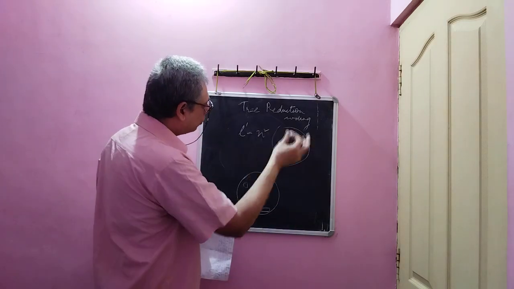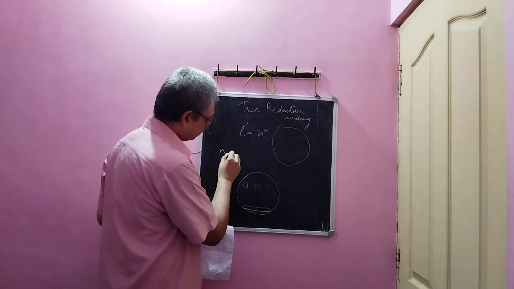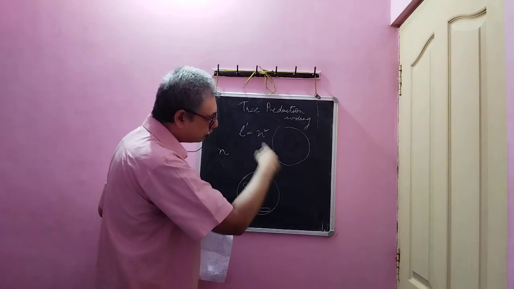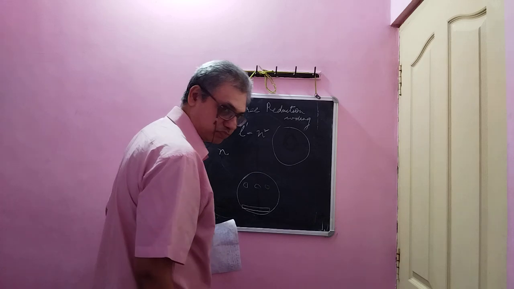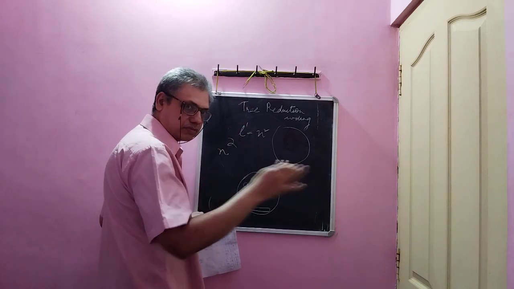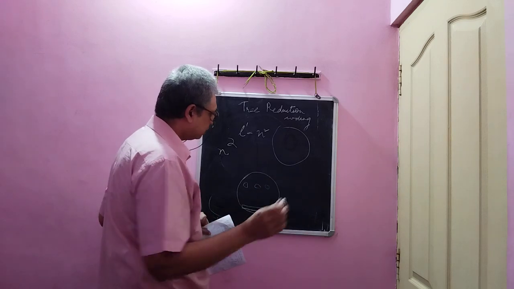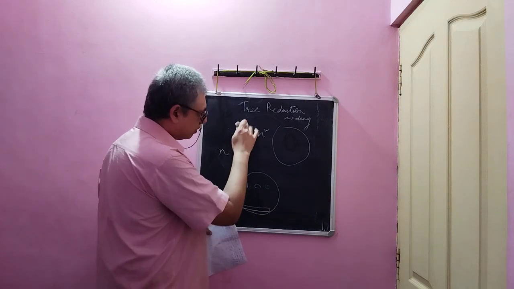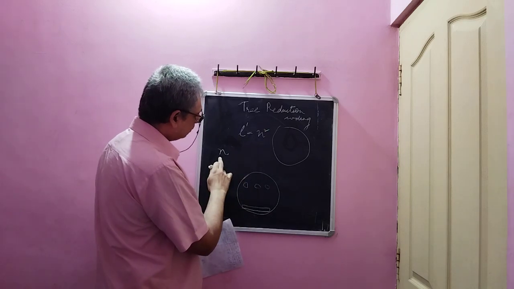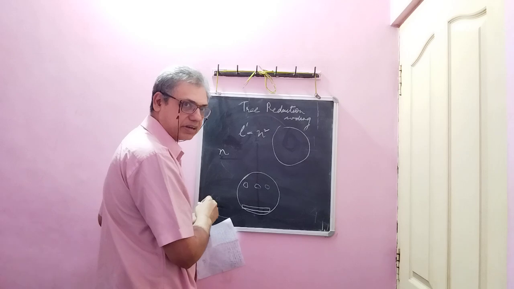So the initial code for A will be n. Now since each of these has n nodes, totally n square, 2 power n square nodes, that is L dash, 2 power n square different values, but for the tree of height L dash, the first initial length of the code will be n bits.